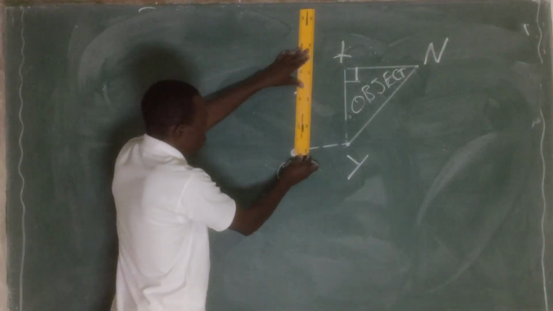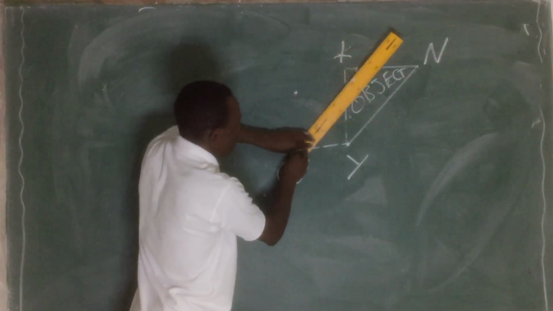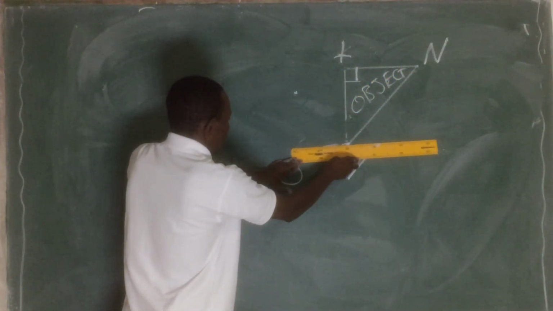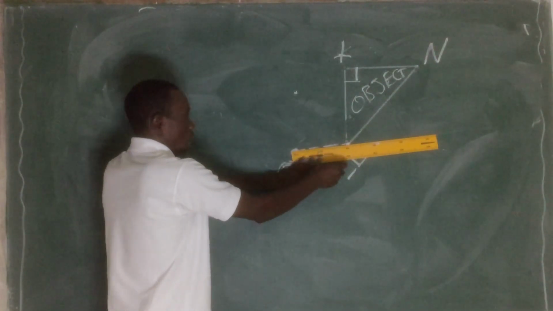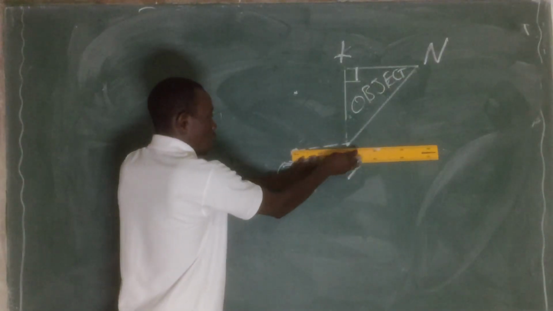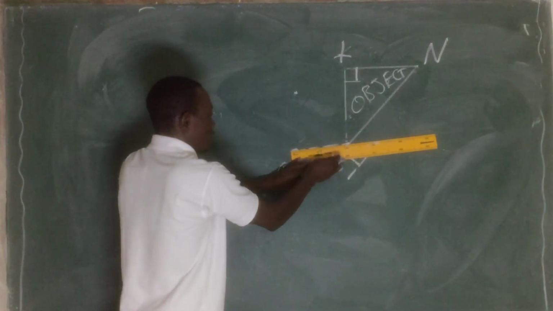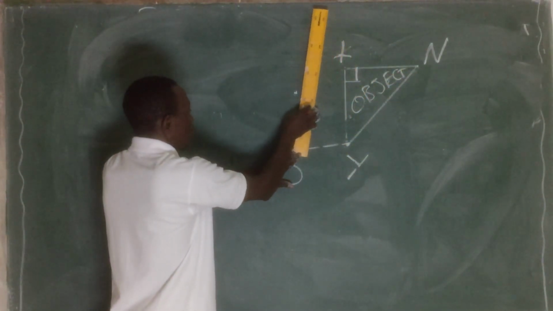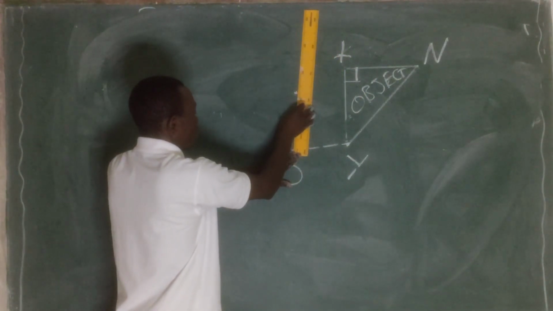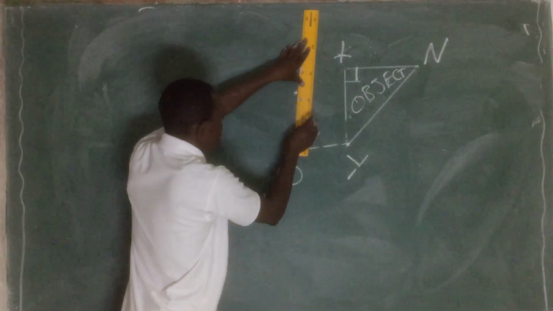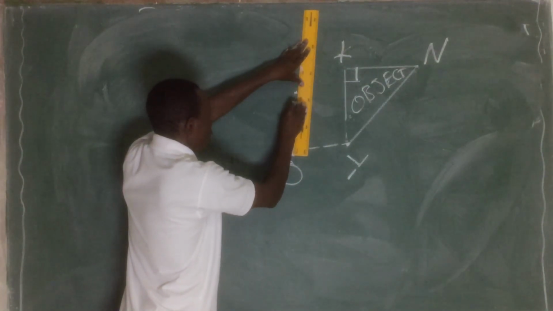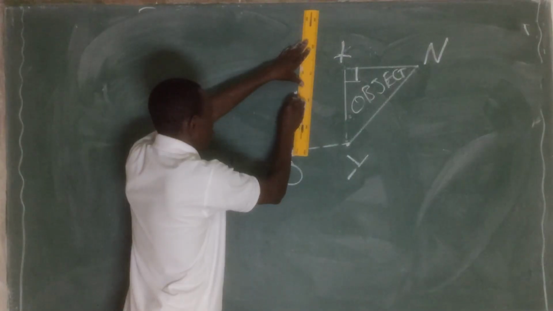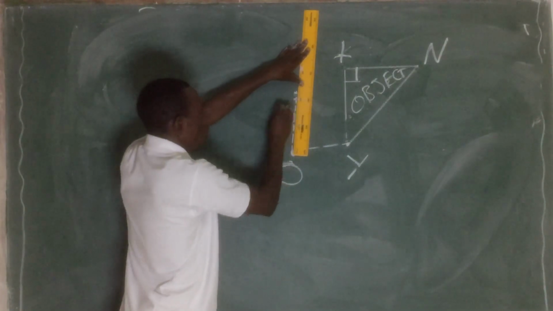So this is 2 centimeters according to my ruler. I have a mark here. Considering that distance, I'll take my ruler and bring it within that line, so I draw a line going like this, up to this level. That is the position of Y.